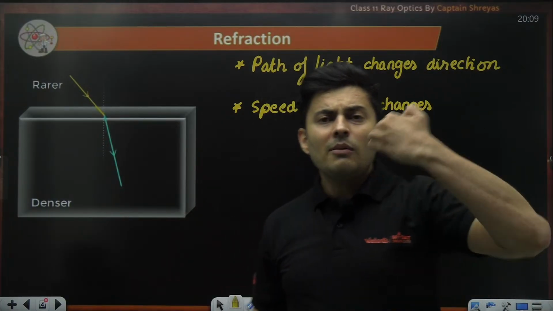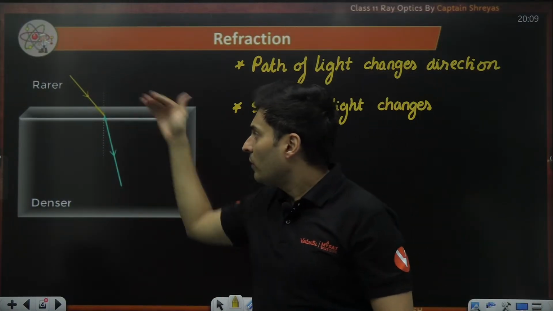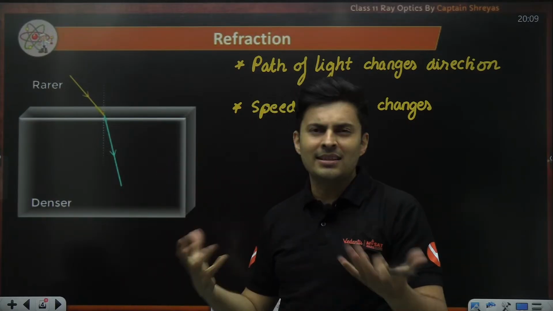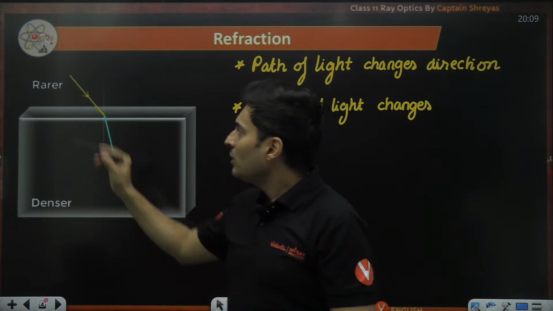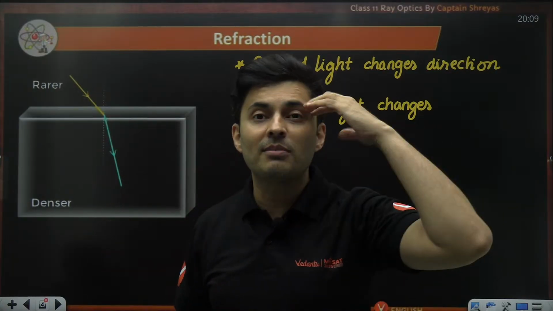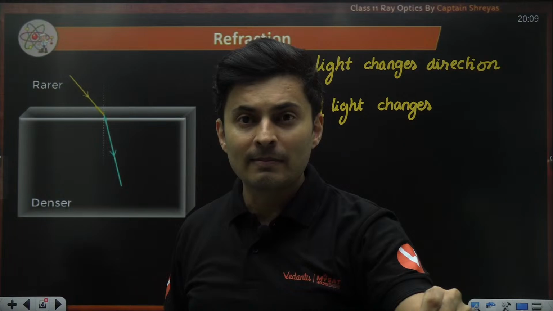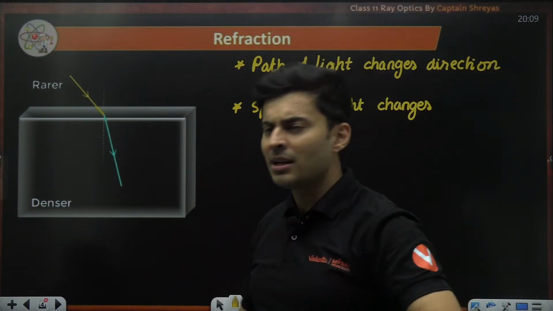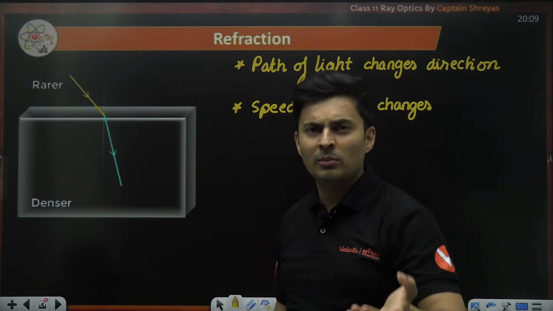Now, whenever the speed of light reduces in a medium, then that medium is said to be denser relatively. Now, whenever you hear these words rare and dense, don't confuse it with kg per meter cube mass density. This is completely different density. It is just a qualitative measure. There is no particular unit or formula for it.